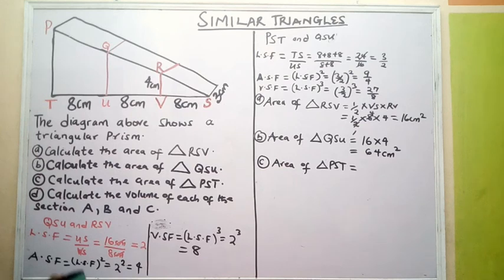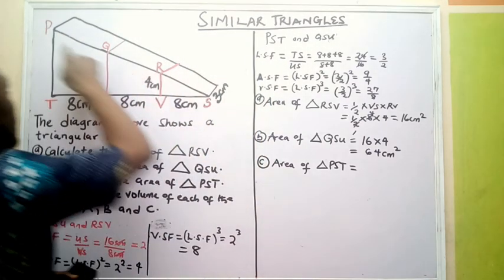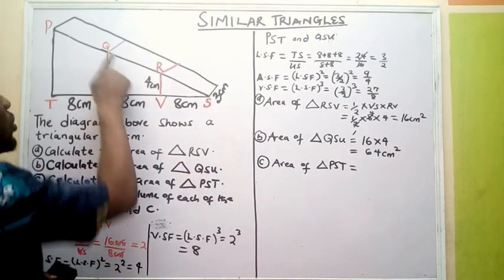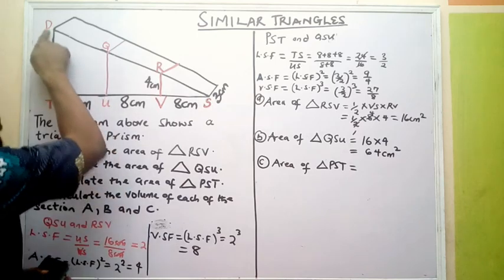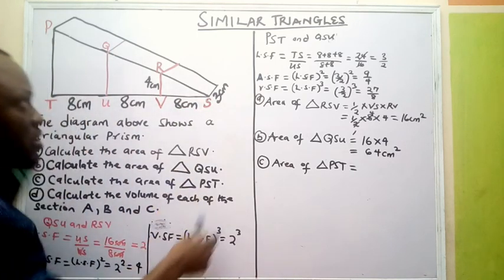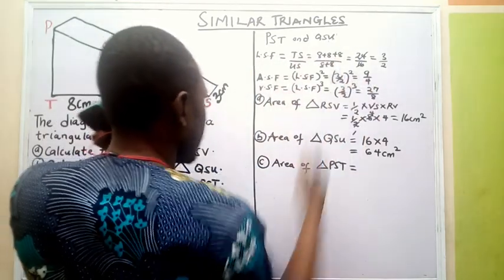Because I said in my previous video, and I said that today, that two shapes are said to be similar if one of them is an enlargement of the other. So because I made the comparison with PST and QSU, therefore I'm going to use this area scale factor.